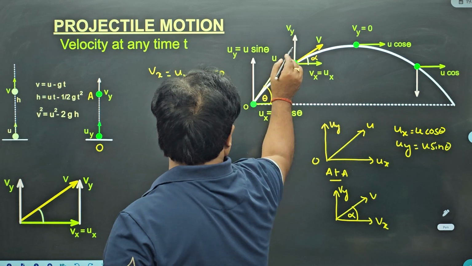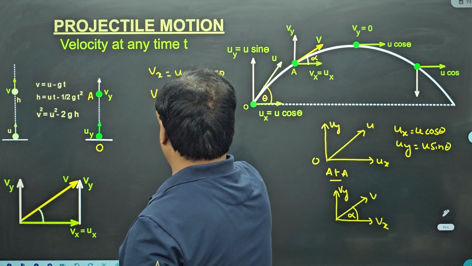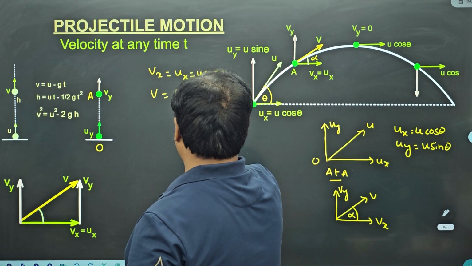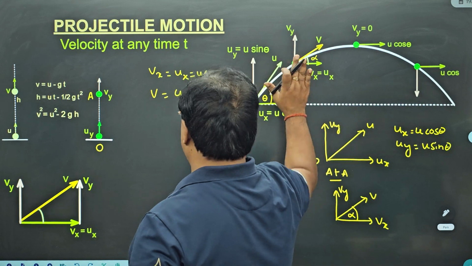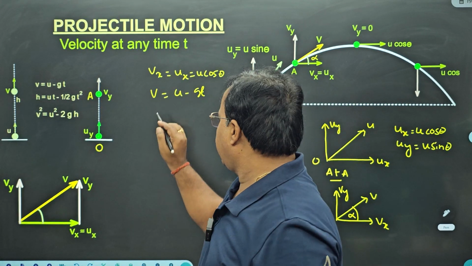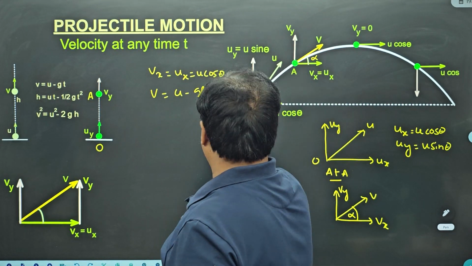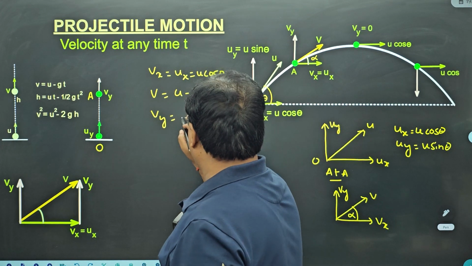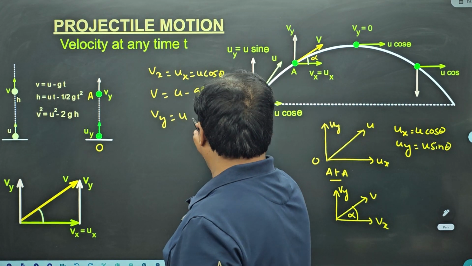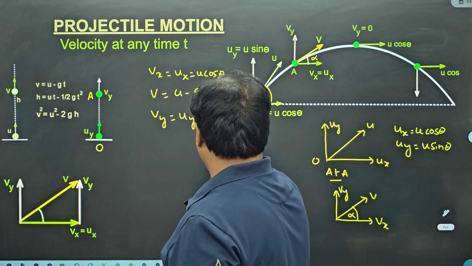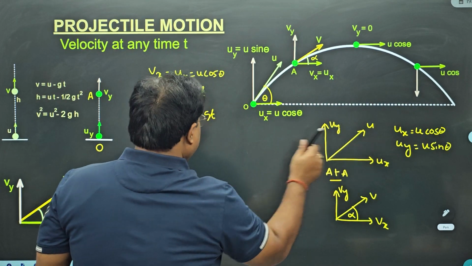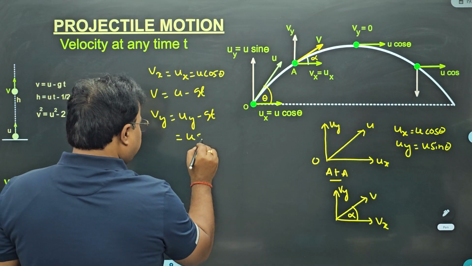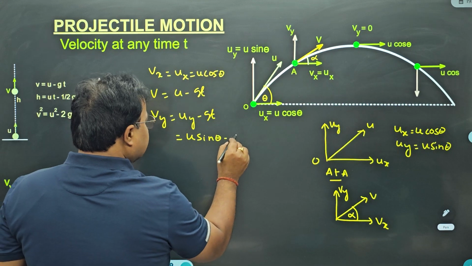This will be applied for vertical motion in projectile motion. After time t, where the body is at A, the vertical component of velocity vy is equal to the initial vertical component of velocity at O, uy, minus gt. What is uy, my dear students? uy is u sin theta. So vy is u sin theta minus gt.